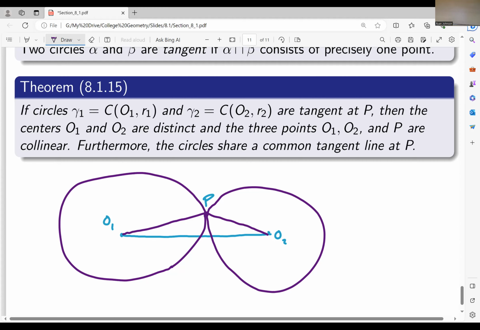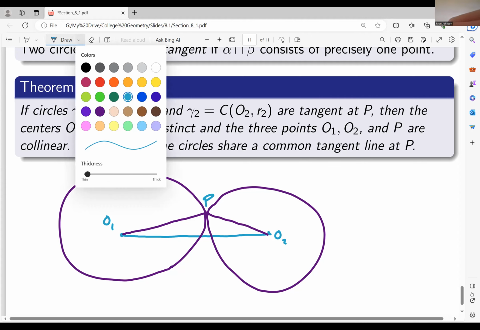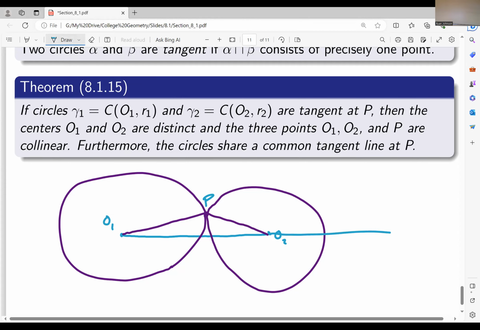This line O1, O2 contains a point inside this circle, so it's a secant line for gamma 2, and it contains a point O1, which is inside gamma 1, so then it's a secant line for gamma 1, which means it must intersect each circle twice.